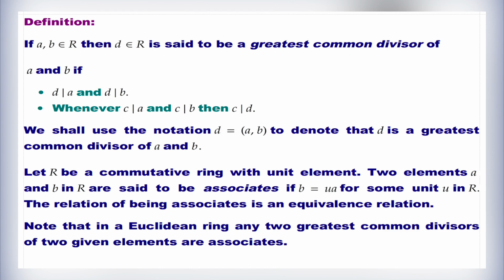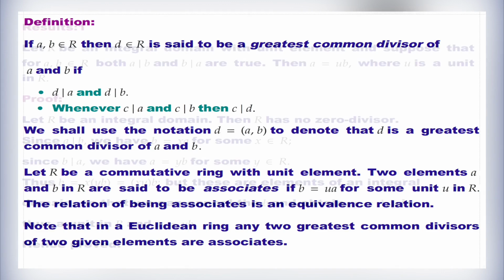Let R be a commutative ring with unit element. Two elements A and B in R are said to be associates if B = UA for some unit U in R. The relation of being associates is an equivalence relation. Note that in a Euclidean ring, any two greatest common divisors of two given elements are associates.